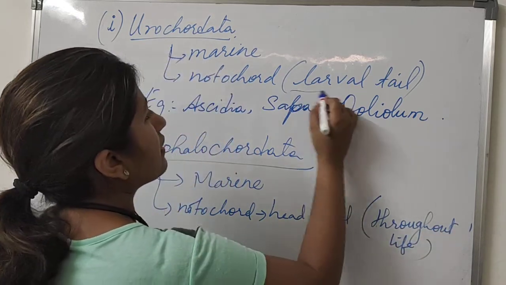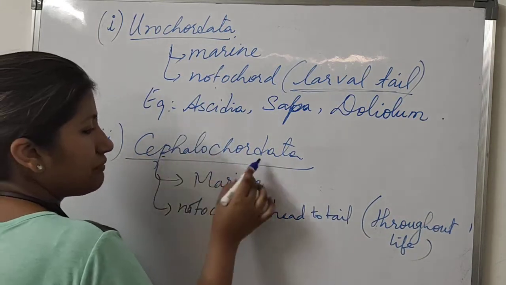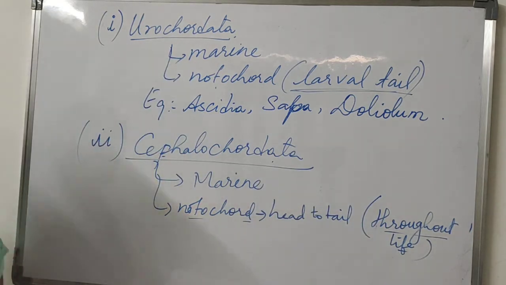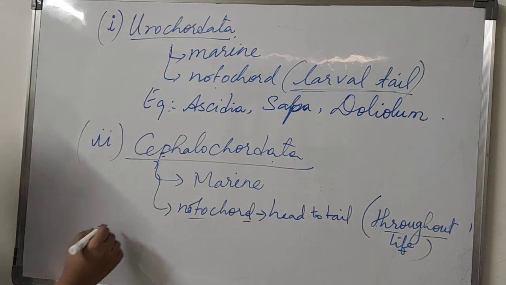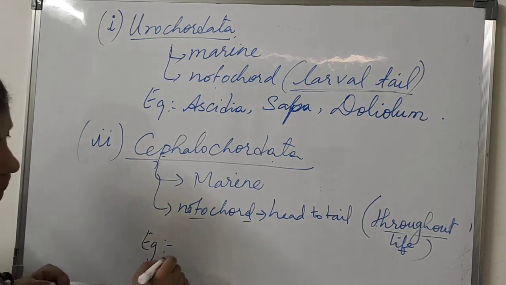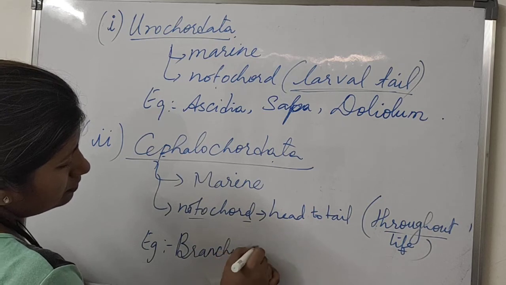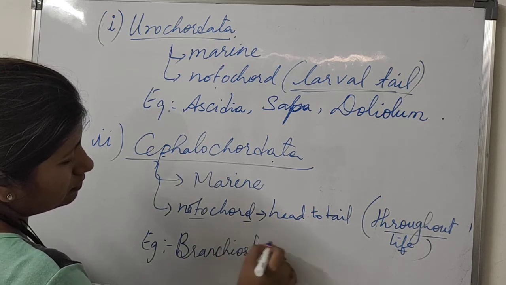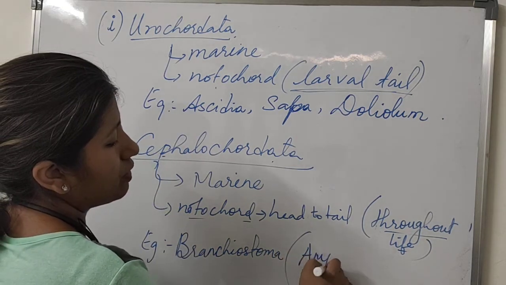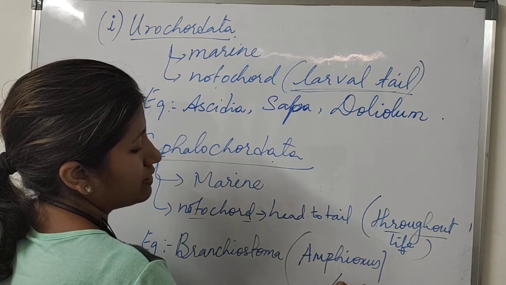In Urochordata, the notochord is present only during the larval stage, whereas in Cephalochordata, the notochord will be present throughout life. An example is Branchiostoma, known as Amphioxus or lancelet.